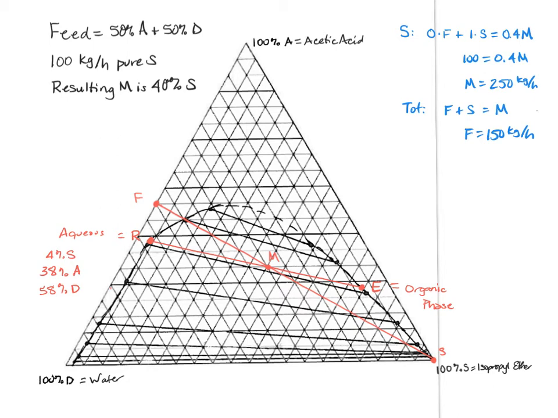Now, to find out the flow rate of the aqueous product, I could also find the composition of the organic phase and complete material balances, or I can do this with the lever principle. So if I solve this using the lever principle, what I do is I need to measure this. So you need to get a ruler out, but you probably just drew straight lines using that ruler.